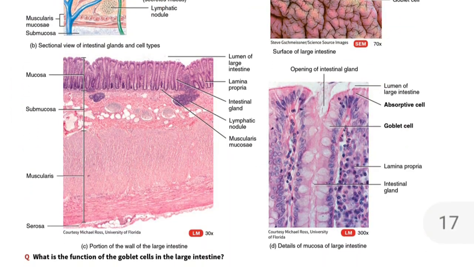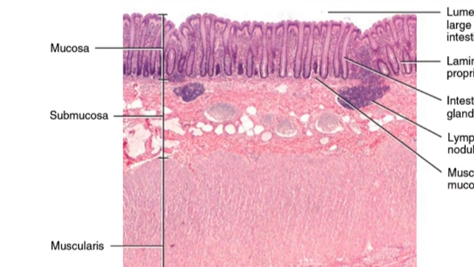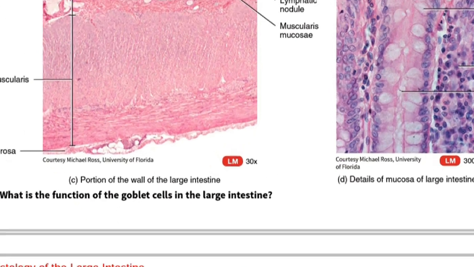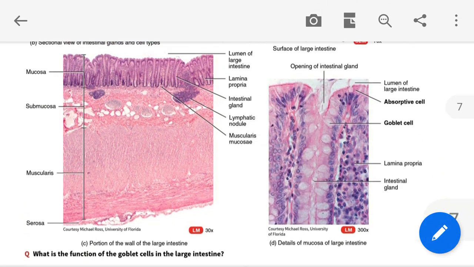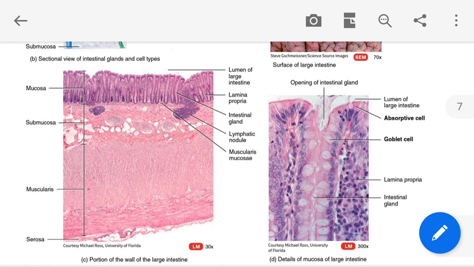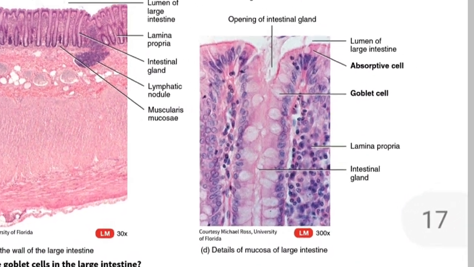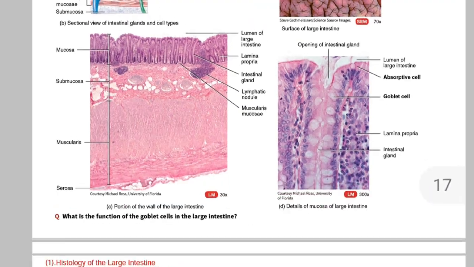Then this figure: mucosa, submucosa, muscularis, serosa, portion of the wall of the large intestine, histological slide. See this one: opening of intestinal gland, absorptive cell, goblet cell, lamina propria.